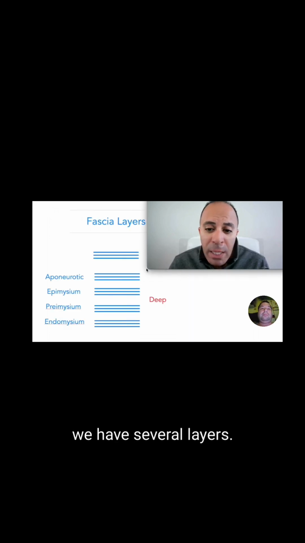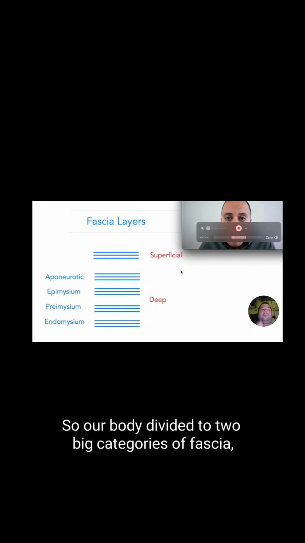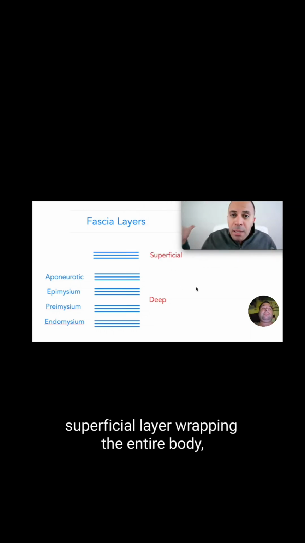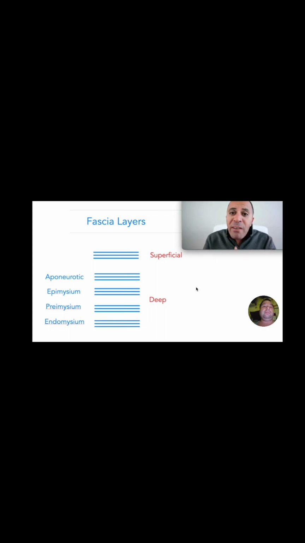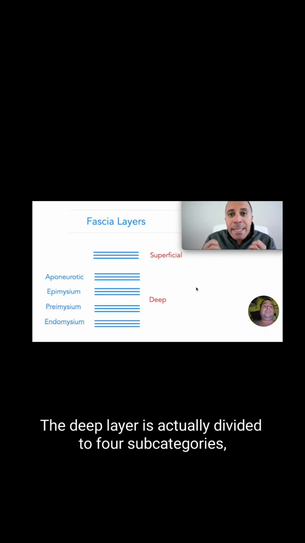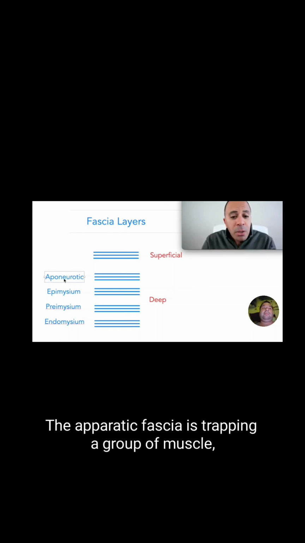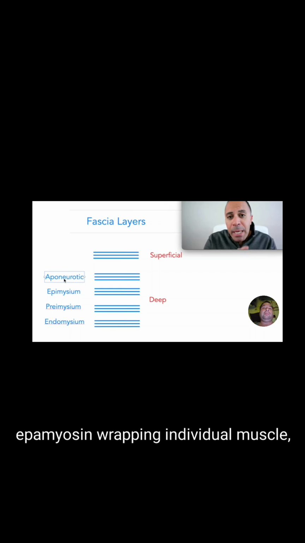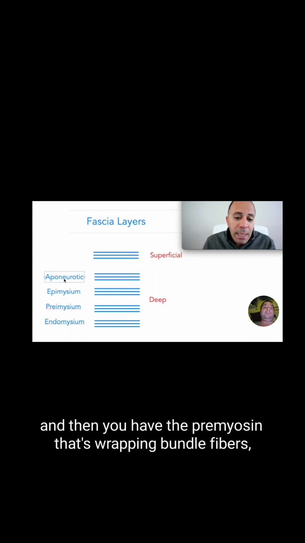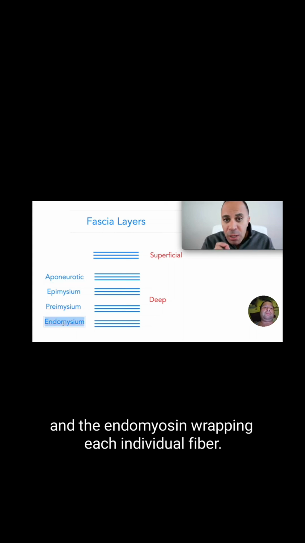We have several layers. Our body is divided into two big categories of fascia: the superficial layer wrapping the entire body, and the deep layer. The deep layer is actually divided into four subcategories, and you can see it here. The aponeurotic fascia wraps a group of muscles, the epimysium wraps an individual muscle, the perimysium wraps a bundle of fibers, and the endomysium wraps each individual fiber.